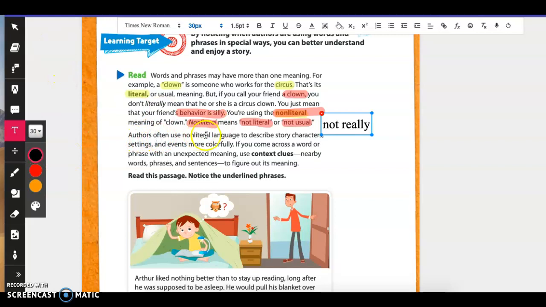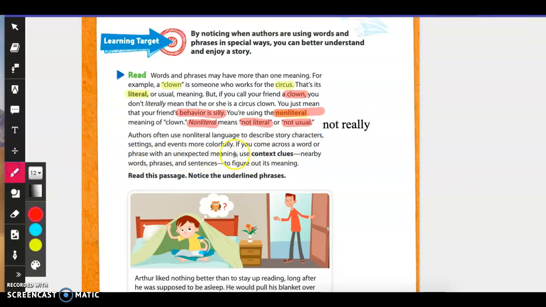Authors often use non-literal language to describe characters in a story, the setting, or events more colorfully or in a way that helps you to really understand and visualize what they're talking about. If you come across a word or a phrase with an unexpected meaning, use the context clues, which we talked about last week, nearby words or phrases and sentences to figure out its meaning.